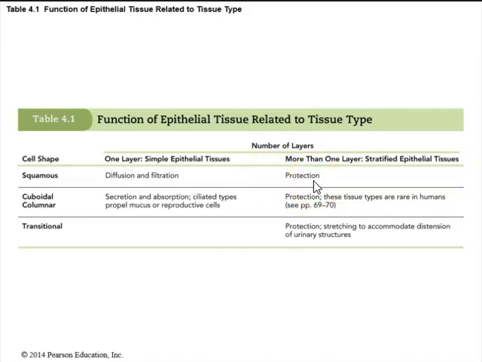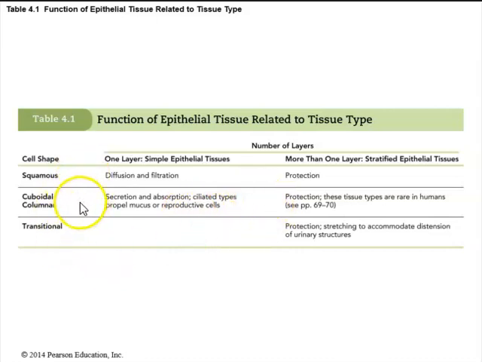If we have stratified squamous epithelium, the main function is for protection. We see this in the lining of our internal organs, or even the stratified squamous layers of our skin. Simple cuboidal and simple columnar epithelium, their main function is for secretion and absorption. There are ciliated types, specifically ciliated columnar types, that can propel mucus or reproductive cells.